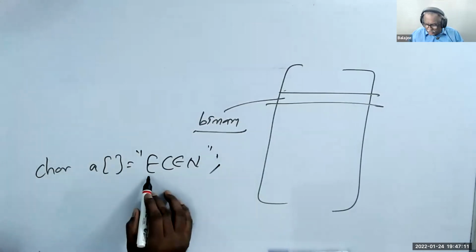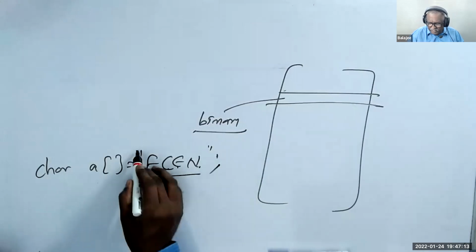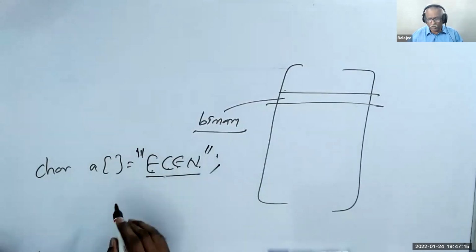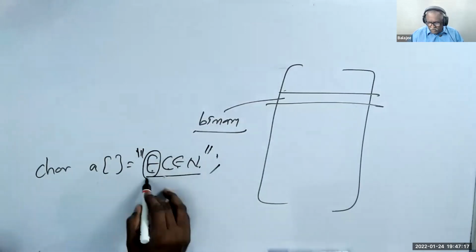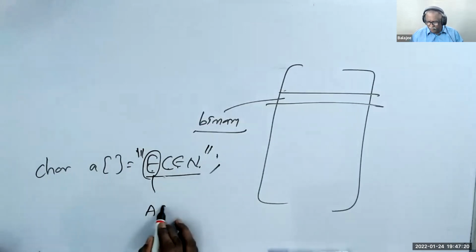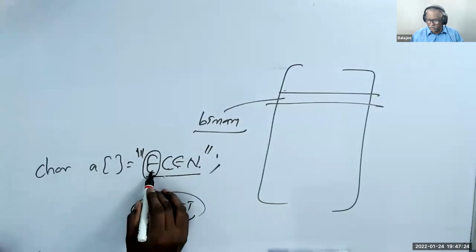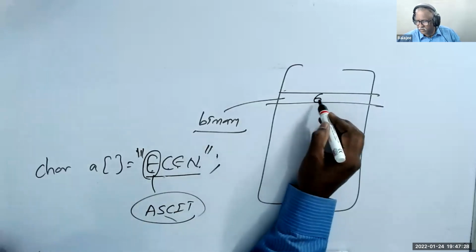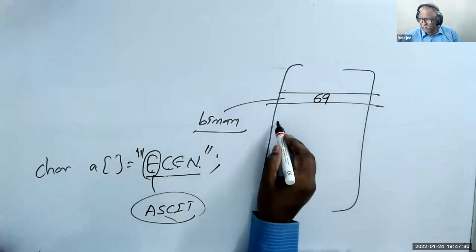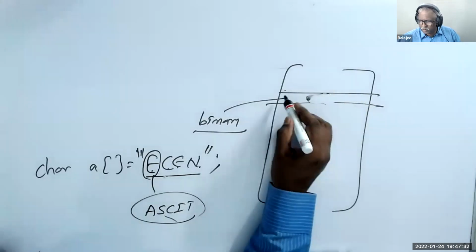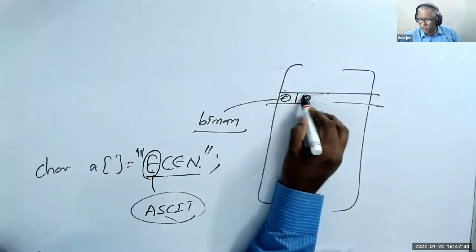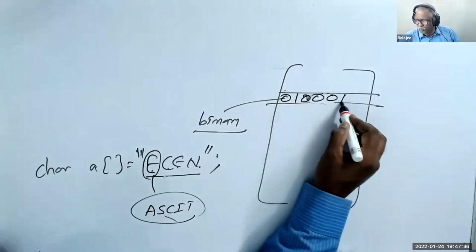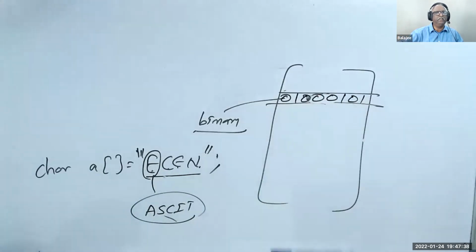The compiler knows that between two quotes, it has four characters. So it takes E and refers to the ASCII table. For E, how much is it? Oh, it is 69. Then that means it will put 0, 1, 0, 0, 0, 1, 0, 1. See, that is what's stored there.